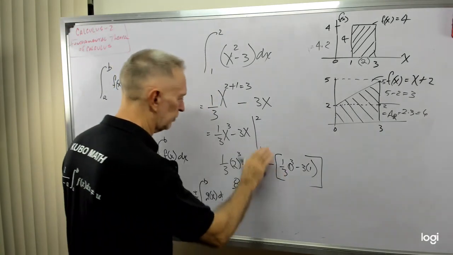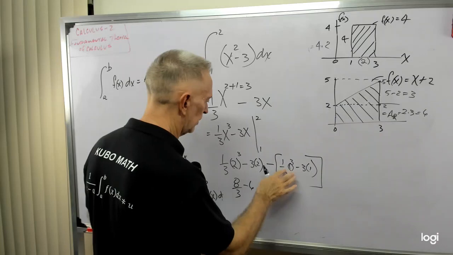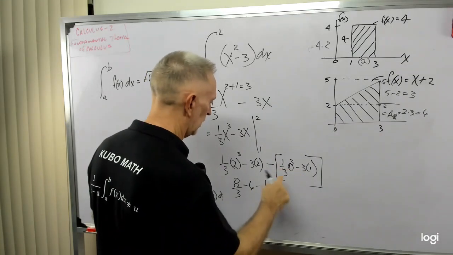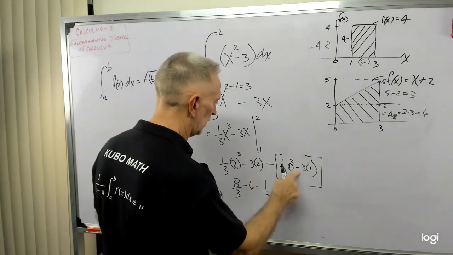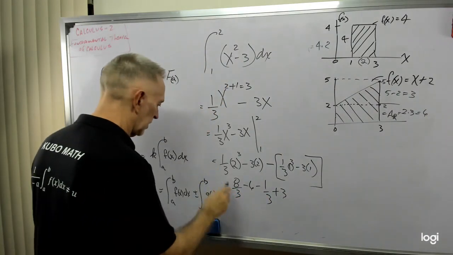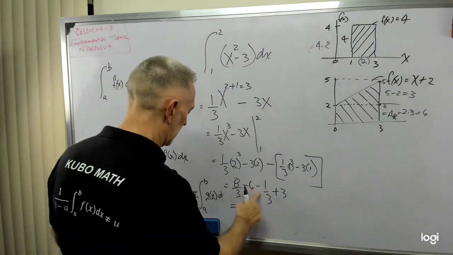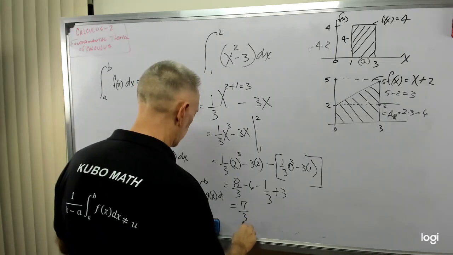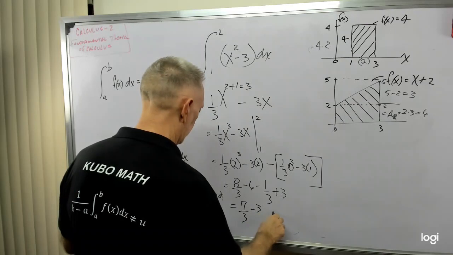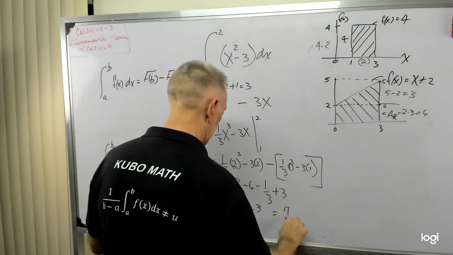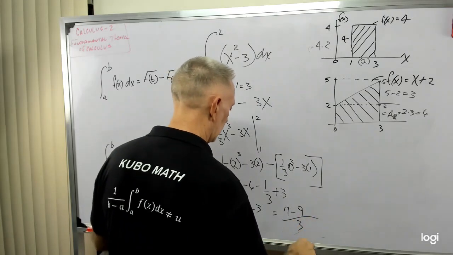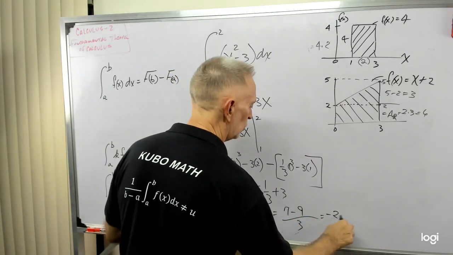Minus, I'll distribute the negative inside, minus 1/3 times 1 cubed, which is minus 1/3, minus, or negative times a negative is a positive, so plus 3. So that equals 8/3 minus 1/3, which is 7/3. A negative 6 plus 3 is a minus 3. So that equals 7, we'll get a common denominator of 3, 7 minus 9 over 3, which is negative 2/3.